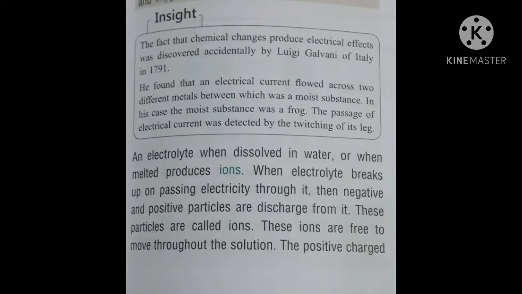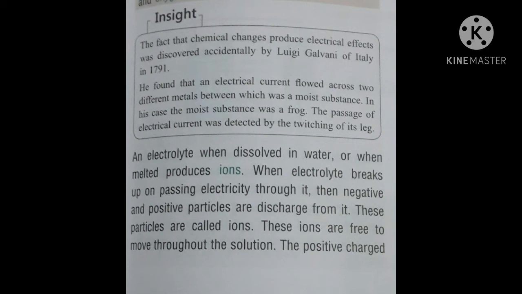The fact that chemical changes produced electrical effects was discovered accidentally by Luigi Galvani of Italy in 1791, and he found that an electrical current flowed across two different metals between which was a moist substance.